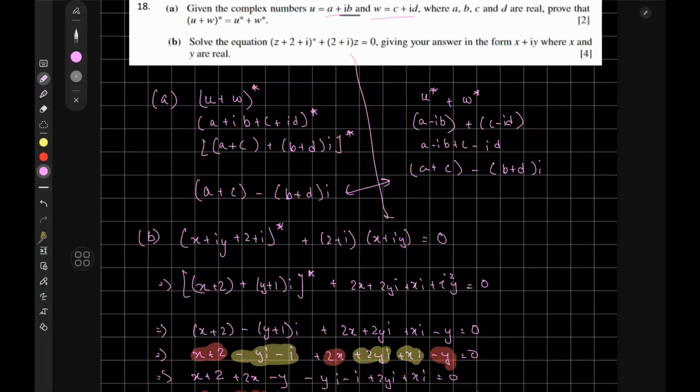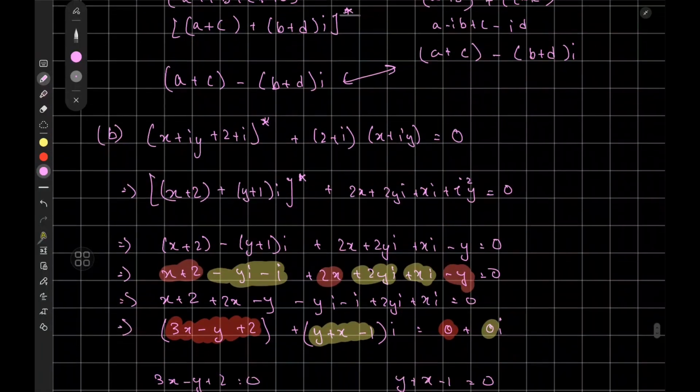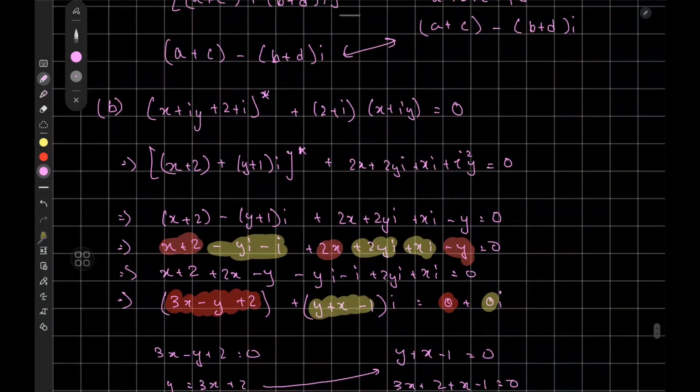You break that z down into x plus iy. Great. After you do that, you multiply, simplify, and take the real to one side, which is 2x plus, this is supposed to become real eventually, over here, and you take the real to one side and you take the imaginary.